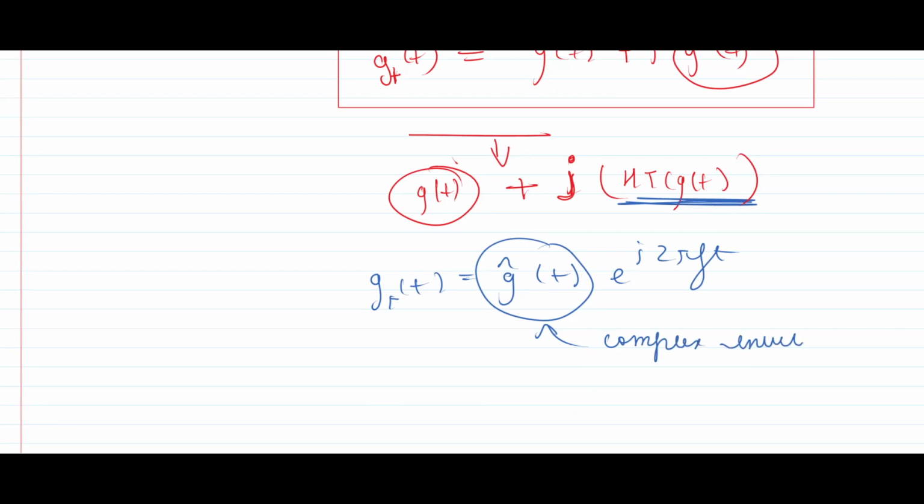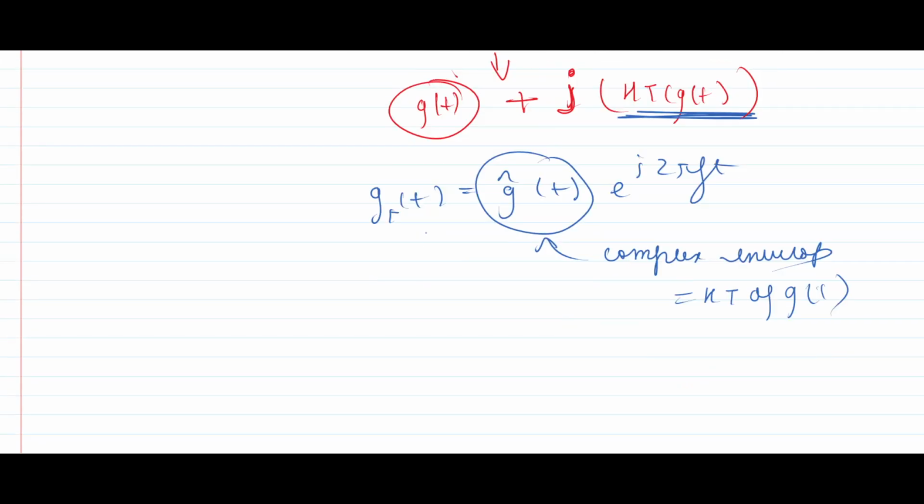Complex envelope equals Hilbert transform of g(t). So g(t) will become g+(t), which is the pre-envelope, and the pre-envelope becomes complex envelope into e to power j2πft.